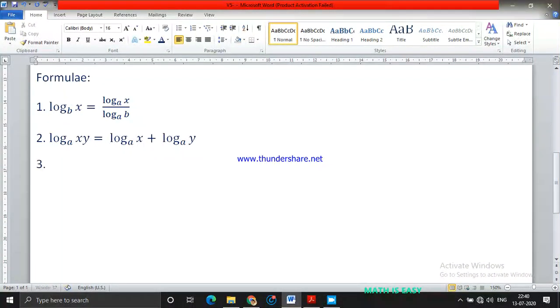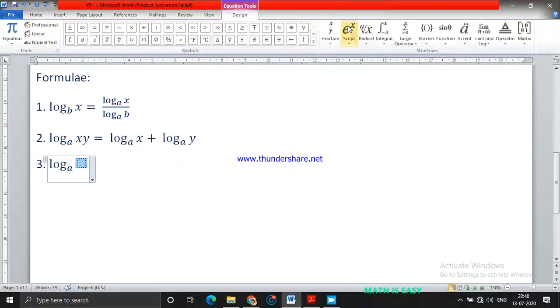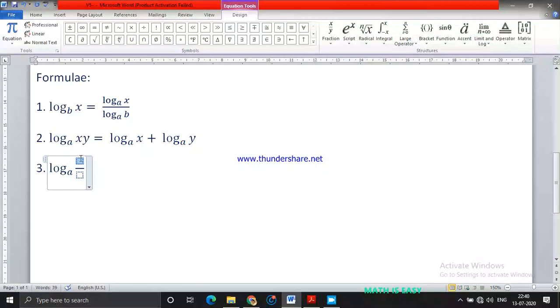Next you have division. If I take a here and this is x upon y, the base is the same, but we have a division.